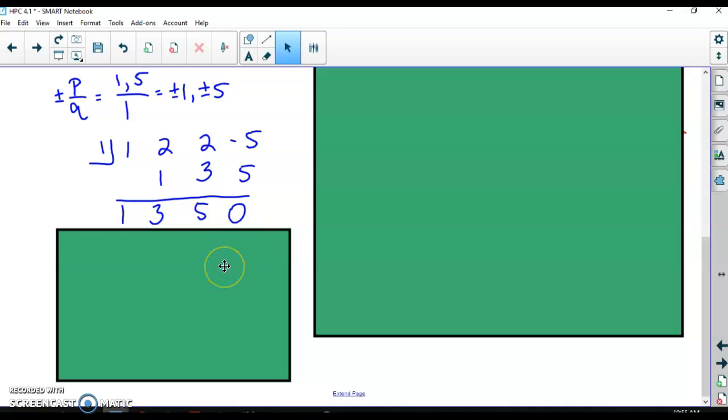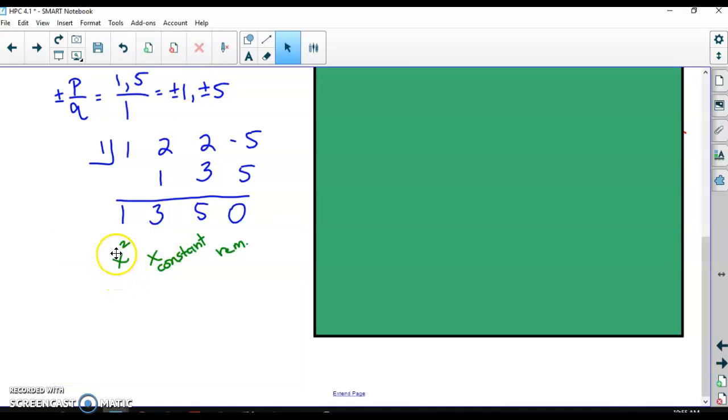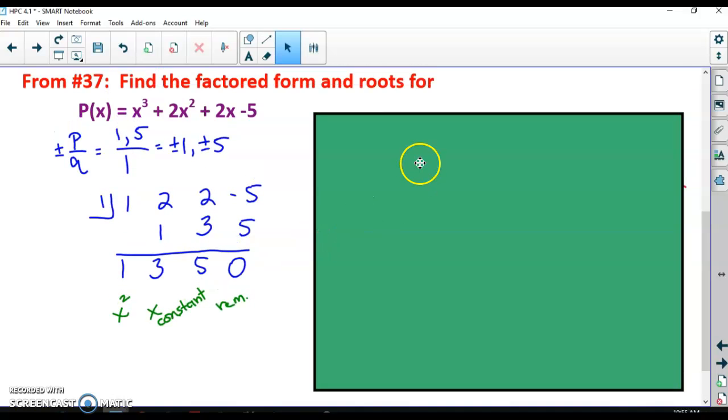Now we have to interpret what's left. This is 0 for my remainder. That means this 5 is my constant. The 3 must be my linear term, and the 1 must be my quadratic term. So really what I'm looking at is 1x squared plus 3x plus 5 after I've divided synthetically by 1.